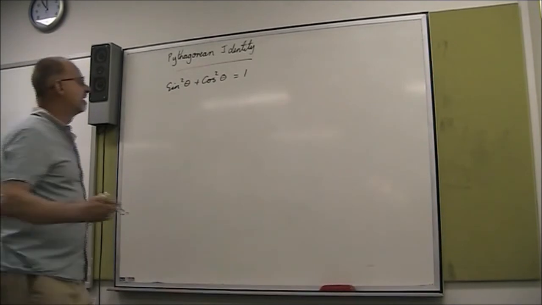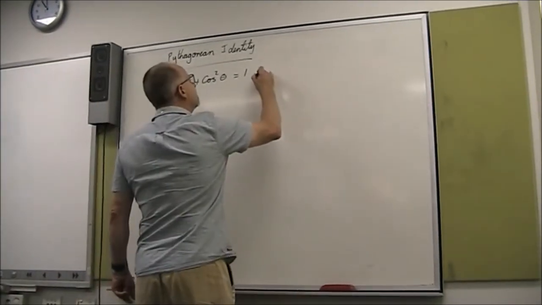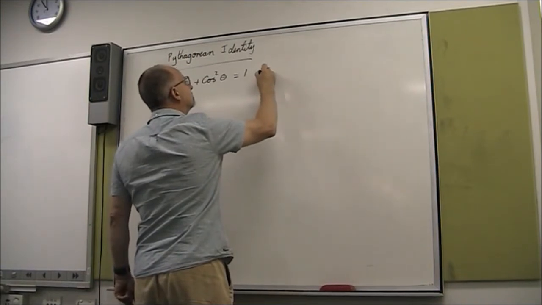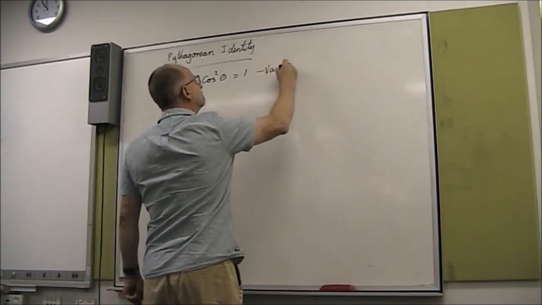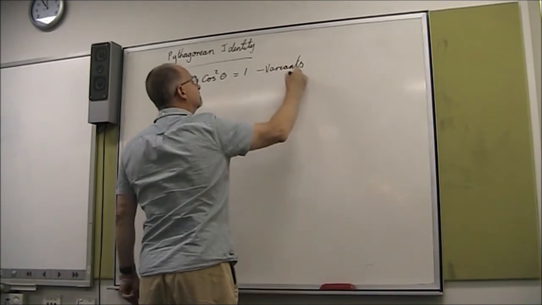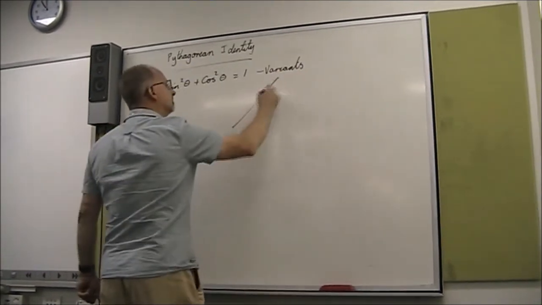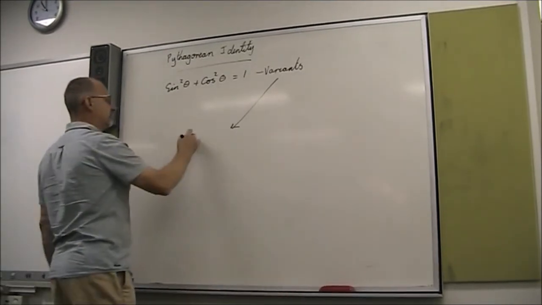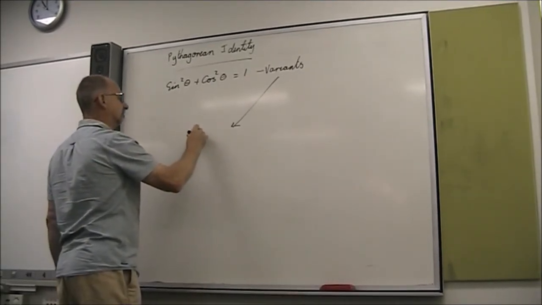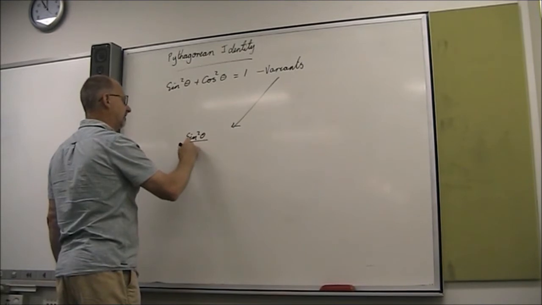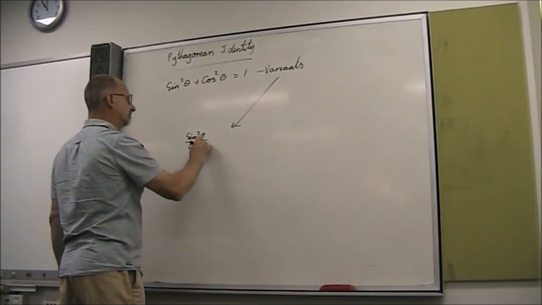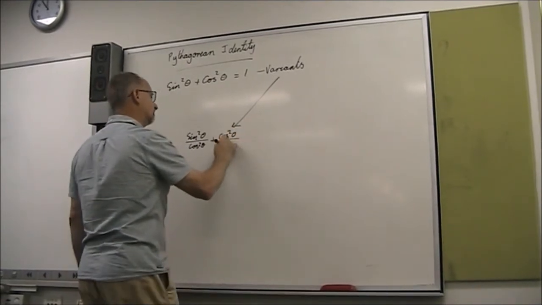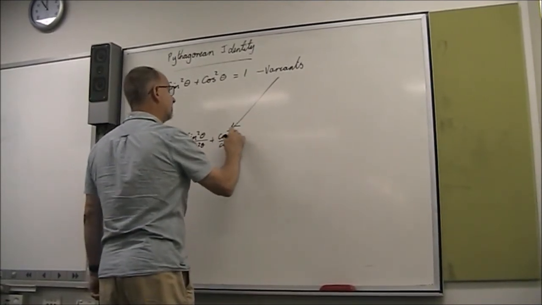Now there are some variants. So one of our variants we get if we divide everything by cos squared theta.